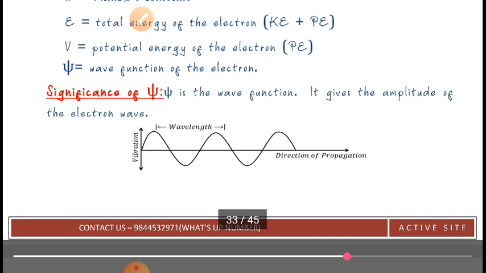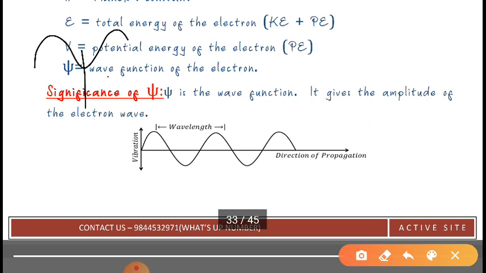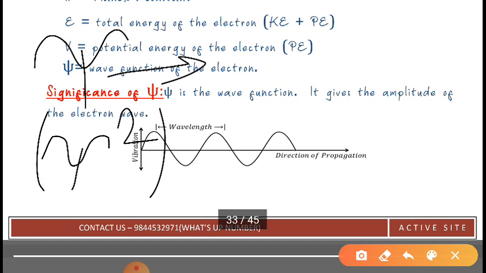Now when we talk about the significance of this psi or wave function, it has no physical significance. But when we talk about psi square, it is the probability of locating an electron per unit volume.